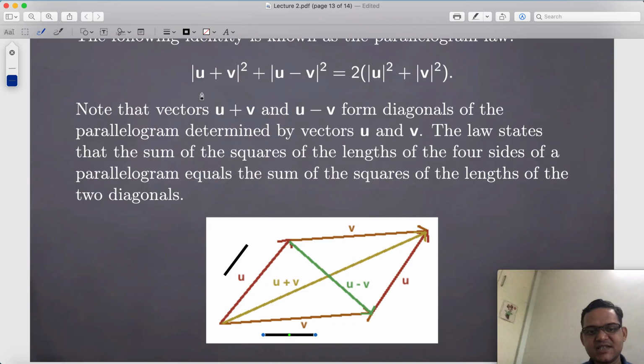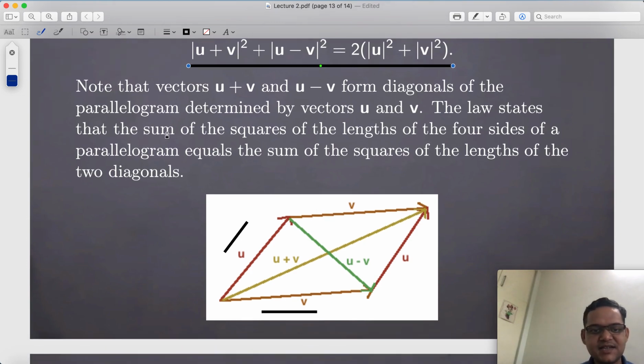So what is this law telling you? This law is just telling you that if I take the sum of the length squares of the diagonals of this parallelogram, then it is nothing but the sum of the squares of the sides. Now you see that this side and this side have the same length, so that is counted twice, and similarly this side and this side have the same length, so that is also twice.